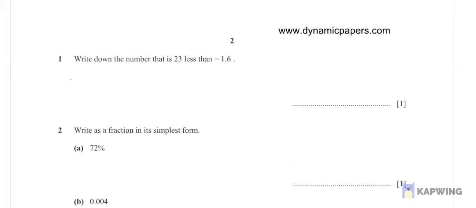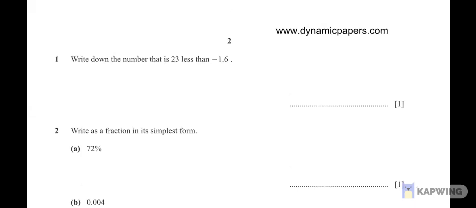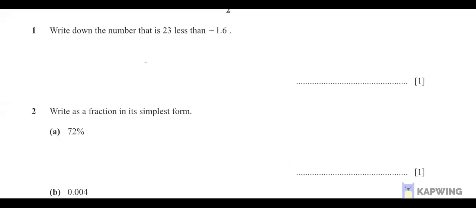Question number 1. Write down the number that is 23 less than minus 1.6. Now, which number is 23 less than minus 1.6? It means we have to subtract 23 from this number, minus 1.6.